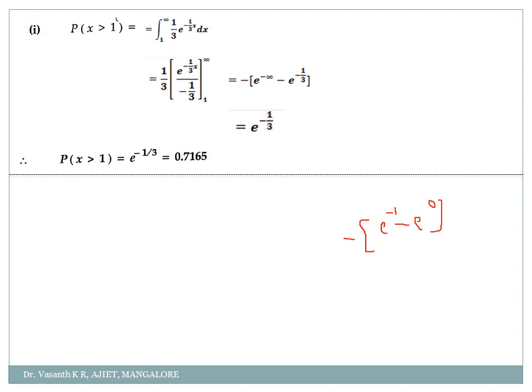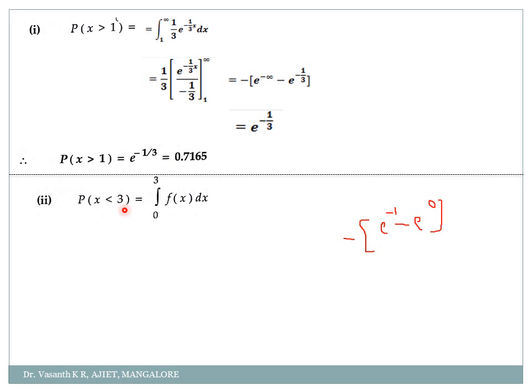Correct? So probability of x greater than 1 is nothing but e power minus 1 by 3, which is equal to, use calculator, you will get it, 0.7165.